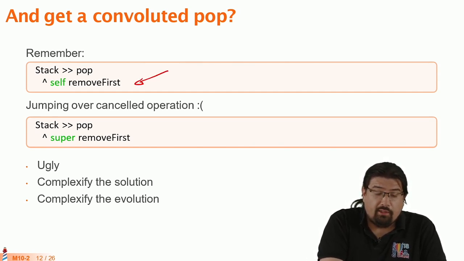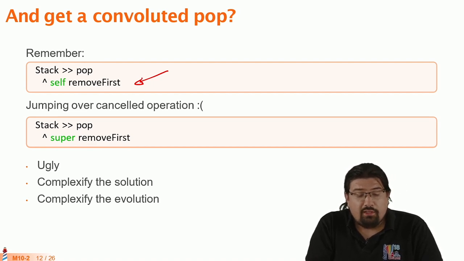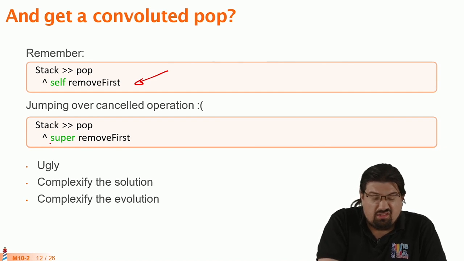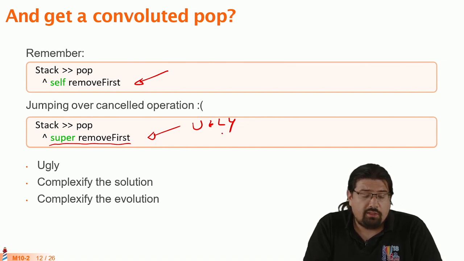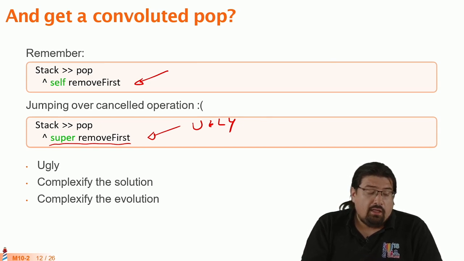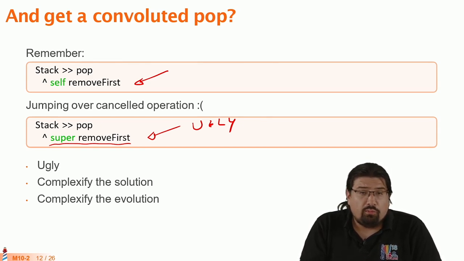You remember, it's here. So we need to avoid that implementation. We can do it using super, but this is really ugly, and we should not do it because it makes the solution much more complex and more difficult to evolve in time.